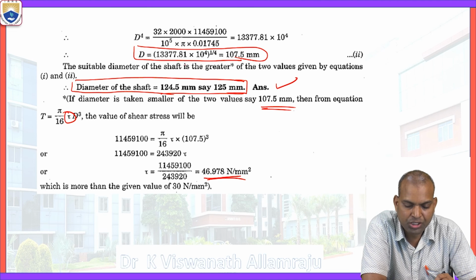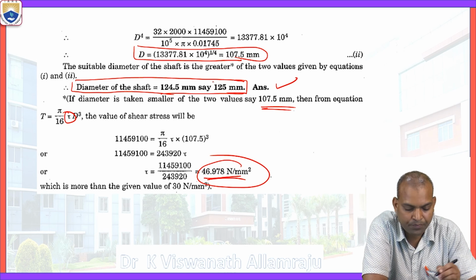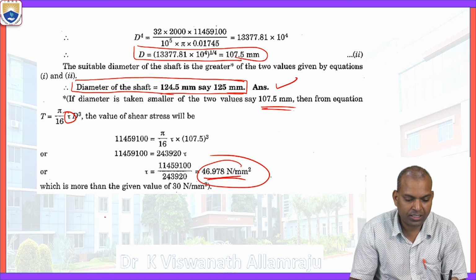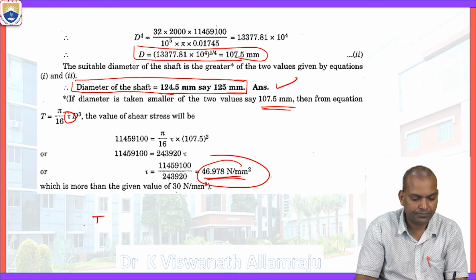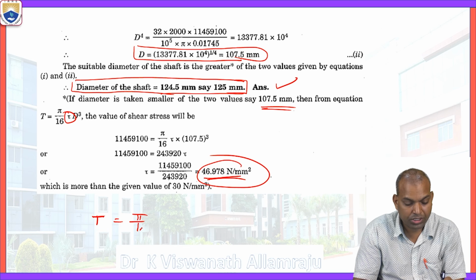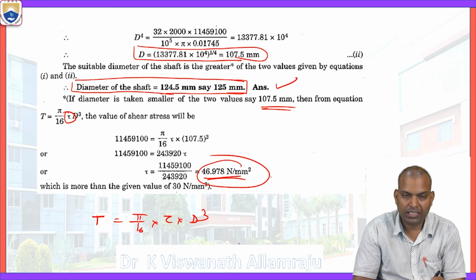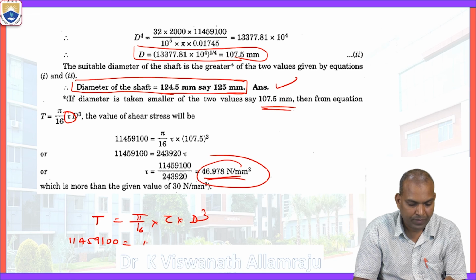So the maximum shear stress is being developed by taking the smaller value. If we consider the larger value for the same twisting moment, capital T equals pi by 16 times tau d cube. In that, take D maximum, the larger value, for the same torque, that is 11459100 equals pi by 16 times tau d cube.